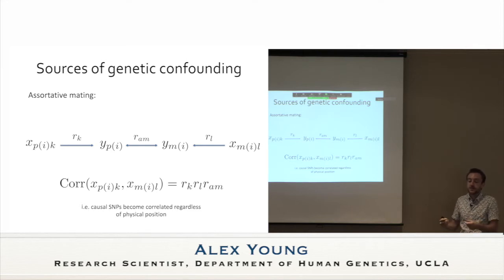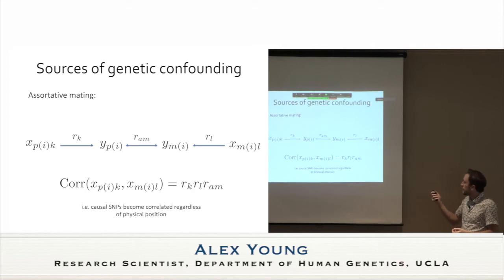They can't be neatly separated. People are mating based on proximity, geography, traits, whatever, and it's all a mishmash together in the real world. But in theoretical derivations, you can separate them into pure assortative mating and pure population structure. And both generate correlations between alleles irrespective of their physical position in the genome, which makes it very hard to model and deal with, and can generate this kind of confounding.